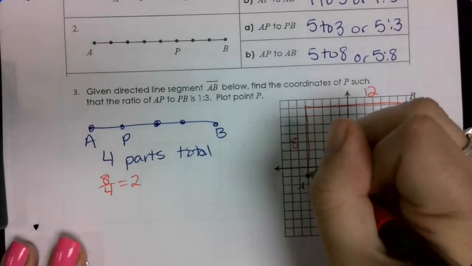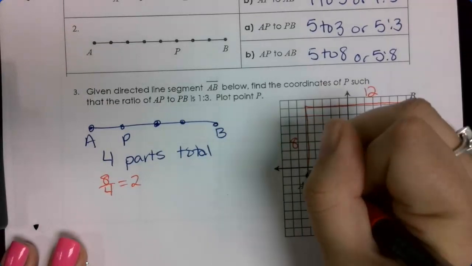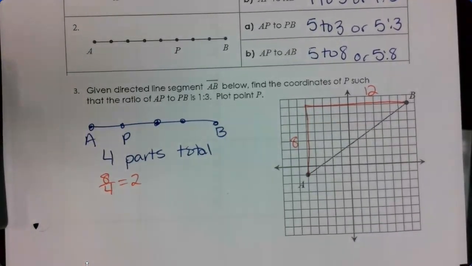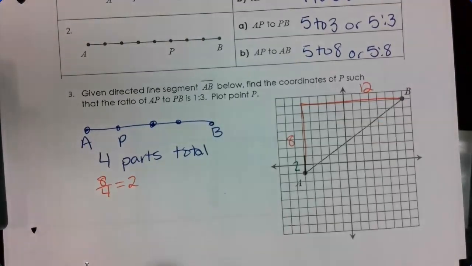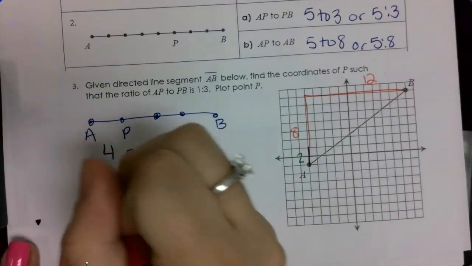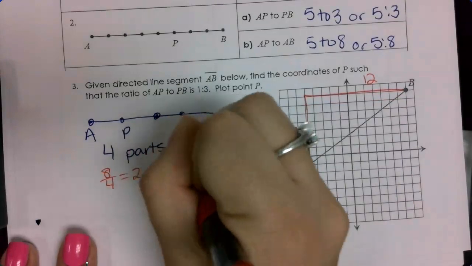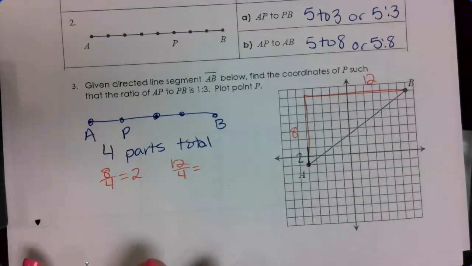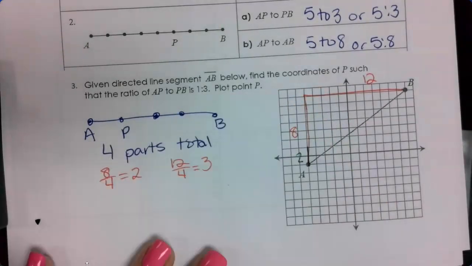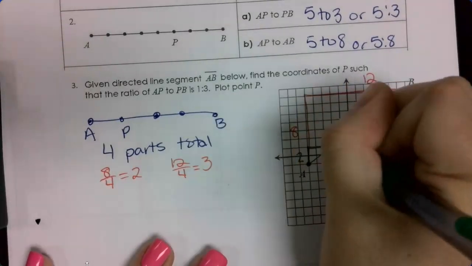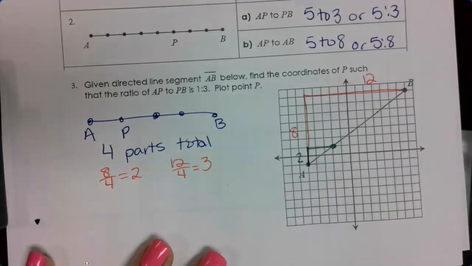So I can go up. Let me do this in a different color. I can go up 2, and then I want to do the same thing with my 12. I'm going to take that and divide by 4. 3. And I'm going to go over 3 squares, and I'm going to plot a point.